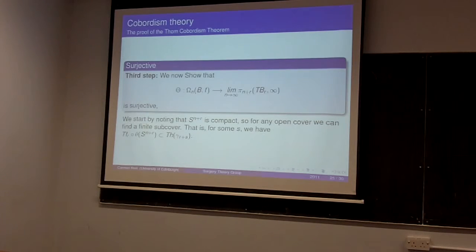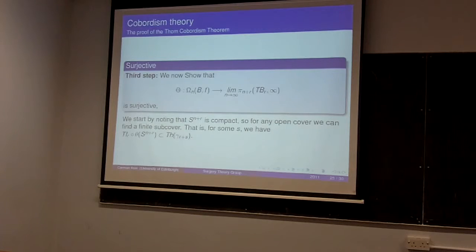So now it remains to show two things: that the homomorphism is surjective, and also that it is injective. So for the third step, we will try to show that our map theta is surjective.